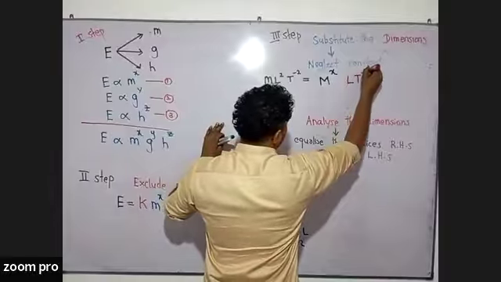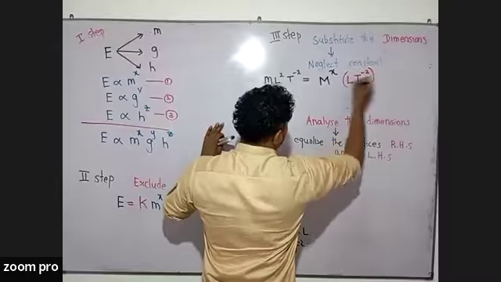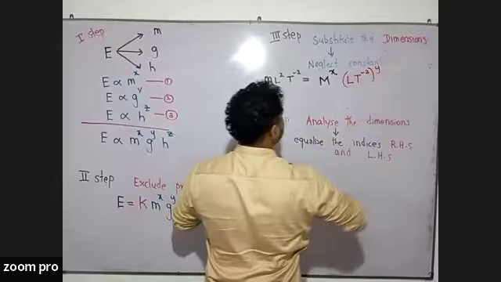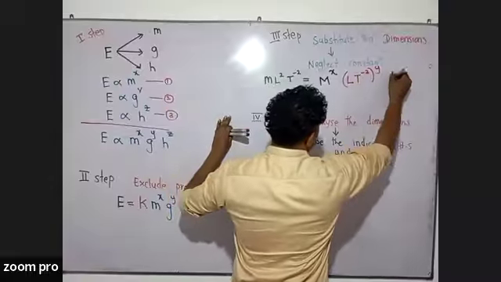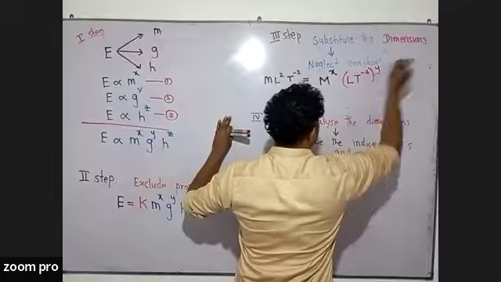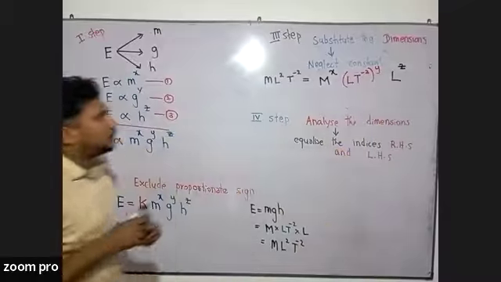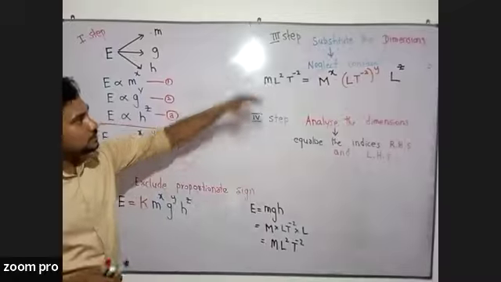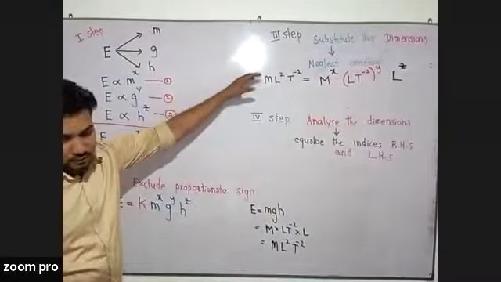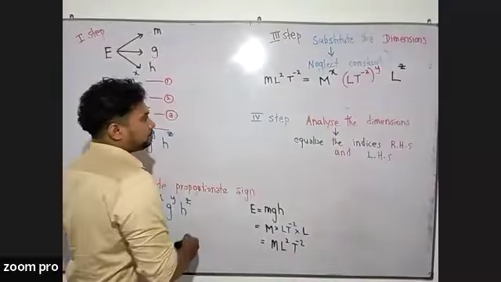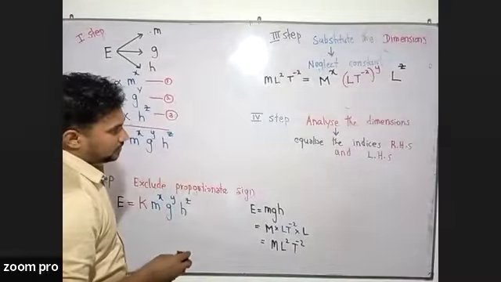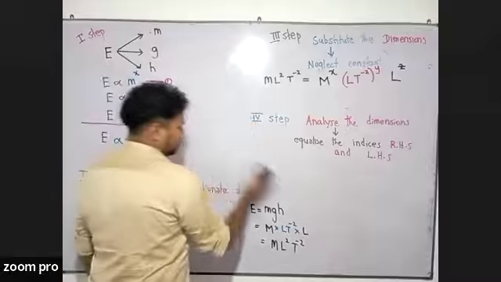So (LT^-2) to the power of y. Then h means length, so L to the power of z. So this is the equation where we substitute the dimensions for each physical quantity, right? So the next step should be to analyze the dimensions, right? Okay.